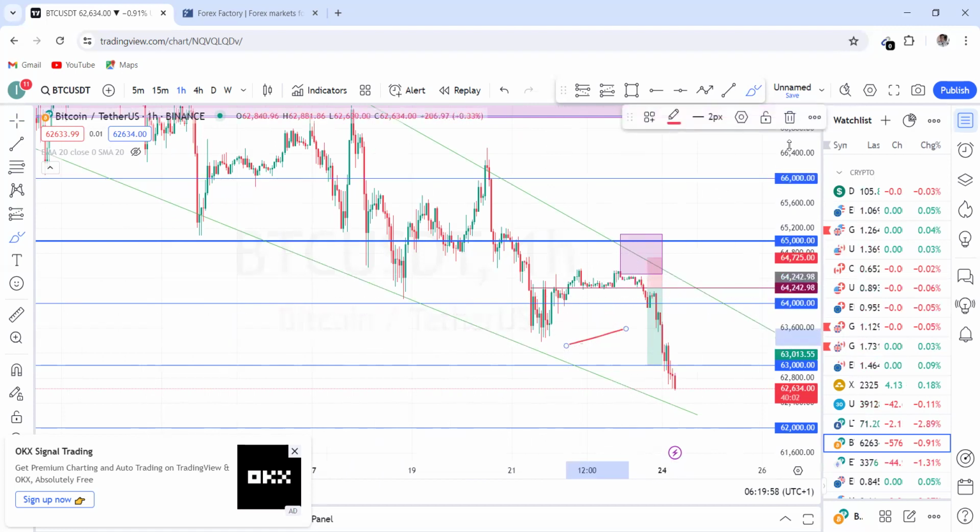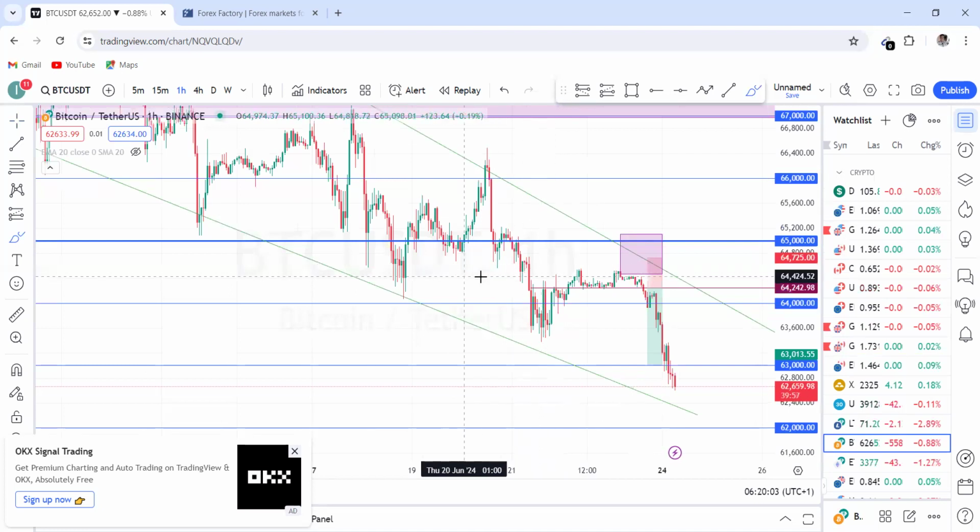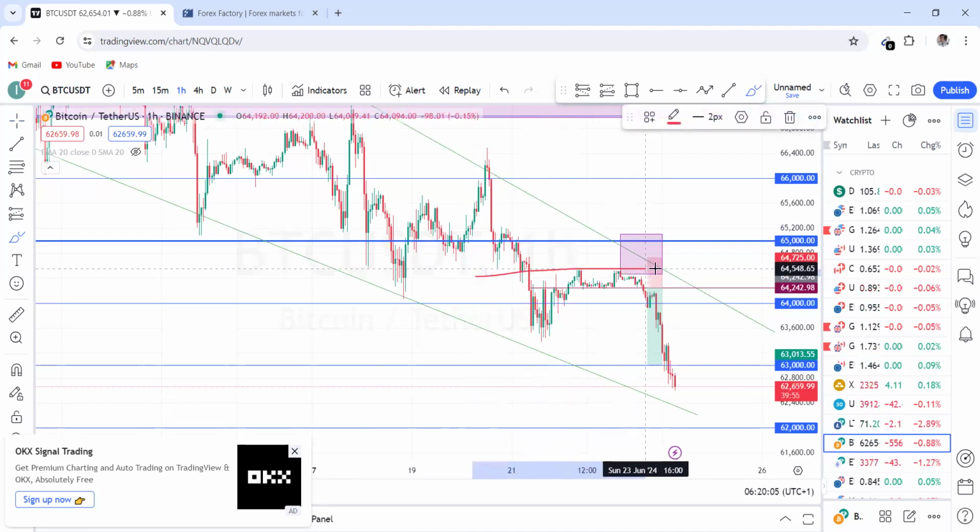But then when I started seeing this right here, this line right here, when I noticed that this had happened and the bears are not willing to allow the bulls to push to this point before the sell can start.